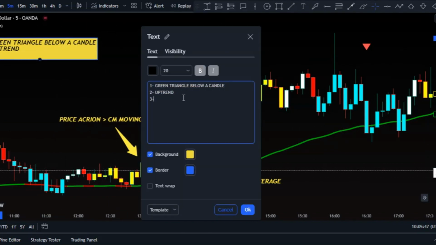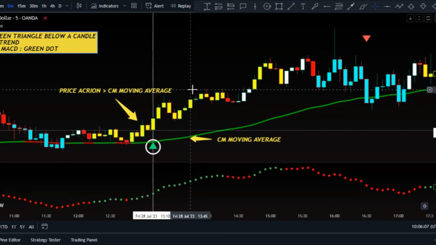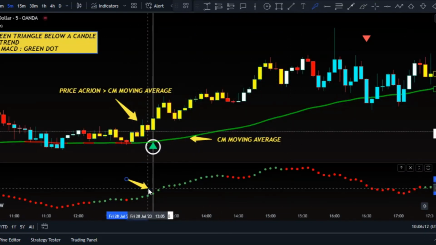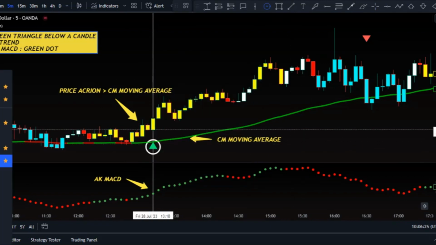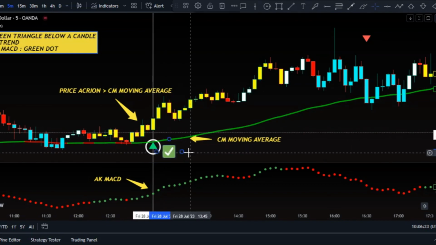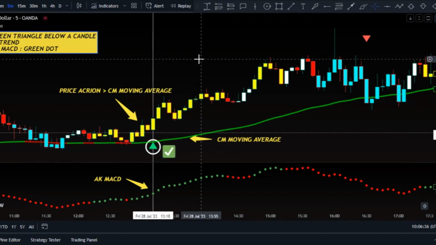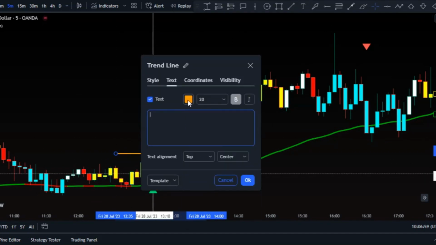The AK MACD indicator needs to give its approval with a green dot for the full triple validation. Once you've got that three-part green light, the signal is confirmed.